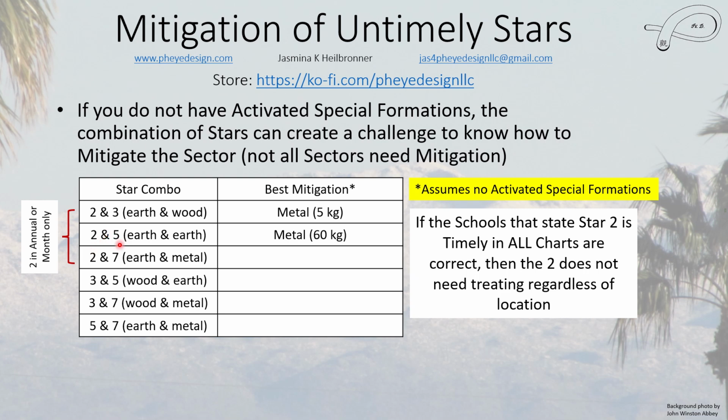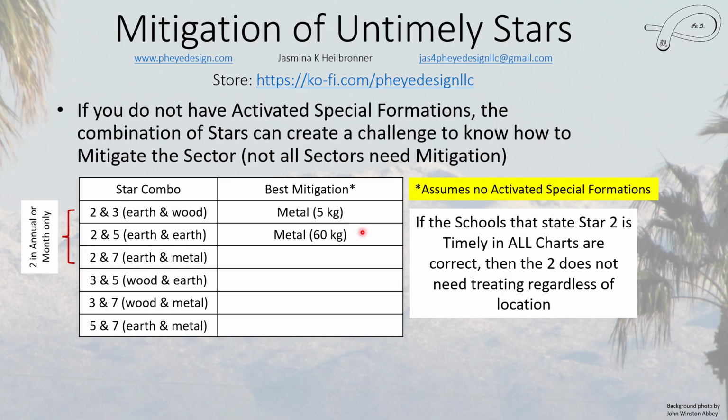And so together, if you have the 60 kilograms, it takes care of that. In general, I think most would say that the 5 alone is maybe 40 kilograms, and the 2 is half of that. It's 20 kilograms. So together it makes 60.